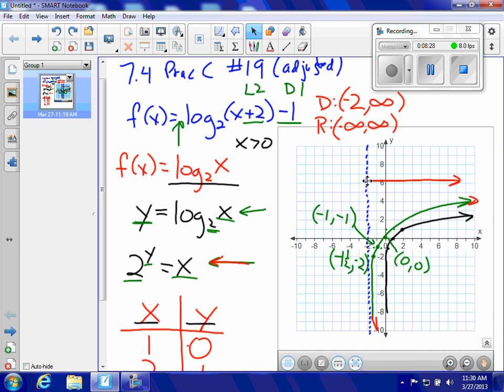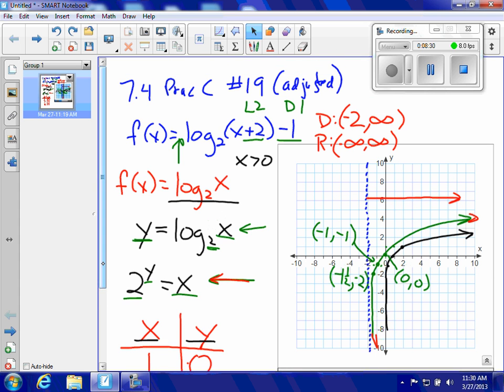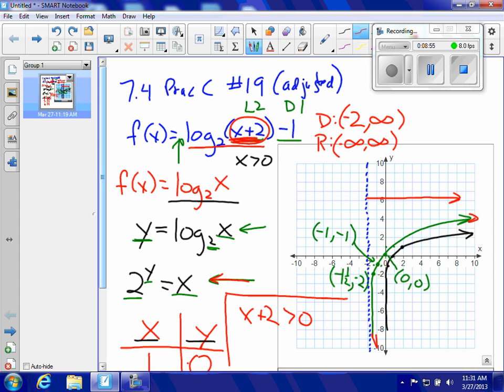And if I look back at my function here, when I look at domain, I know that if it's a logarithm, I cannot have a negative argument. I'll write down here that x plus 2, the argument of my logarithm, has to be greater than 0.